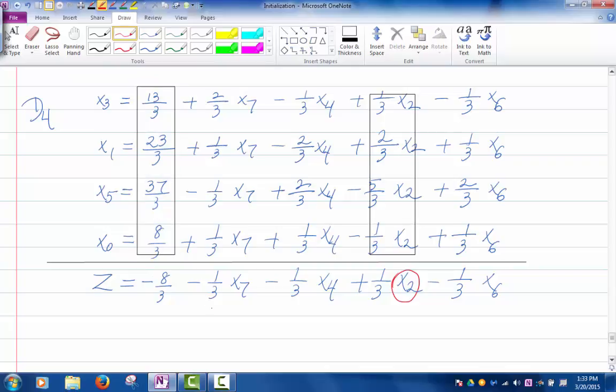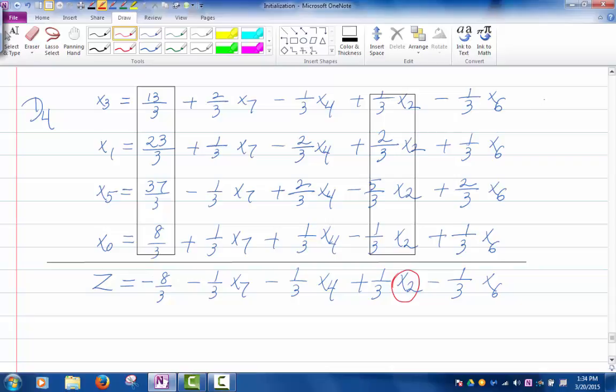Now look at the column for x2 and the constant column. From the first row, how large can I pick x2? As big as I want, right? Because I have positive 1/3 x2, so no matter how big x2 I pick, x3 will remain positive, right?